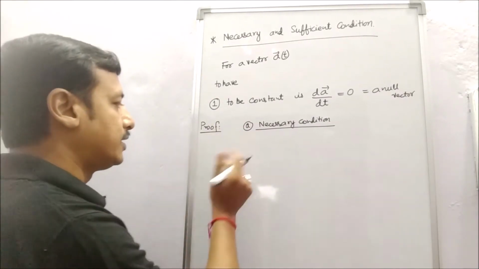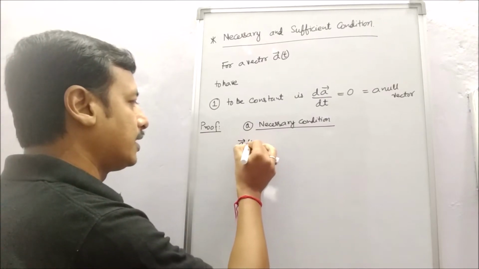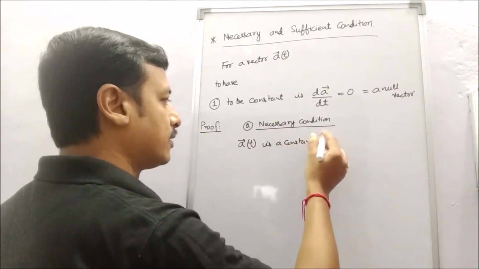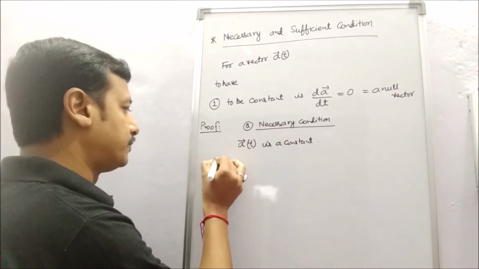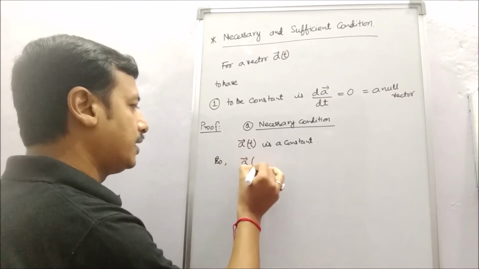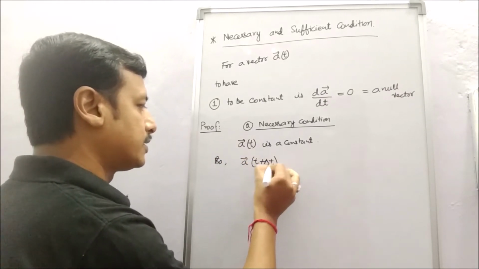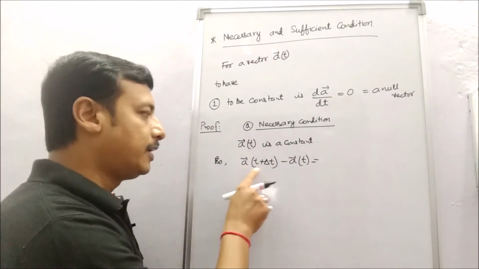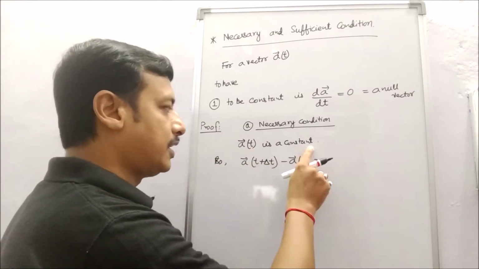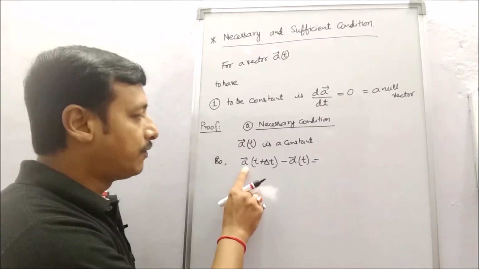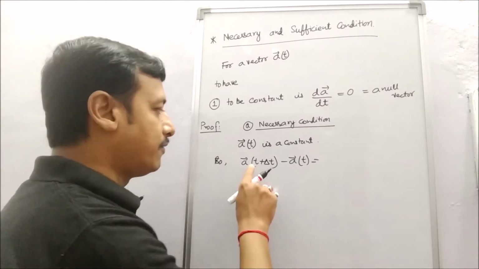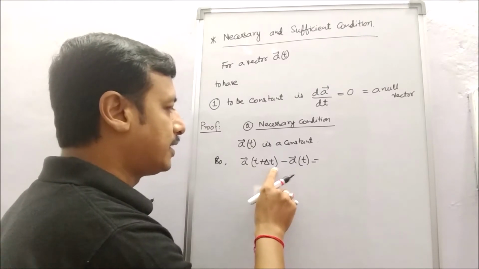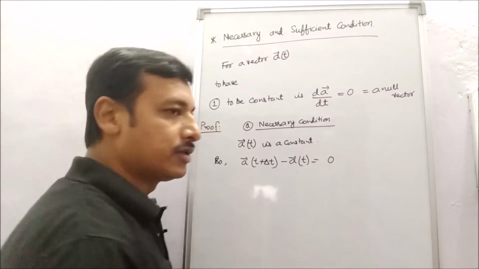So in the necessary condition, vector A(t) is a constant. So any increment in this will not affect the vector. If A(t) is a constant, then if the value of t is increased and we subtract, A(t plus delta t) minus A(t) will be 0.